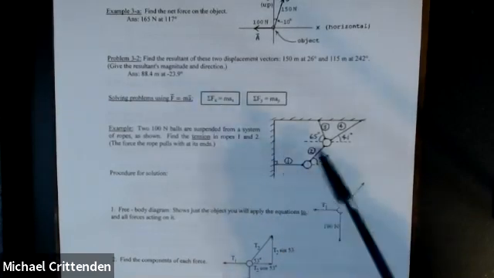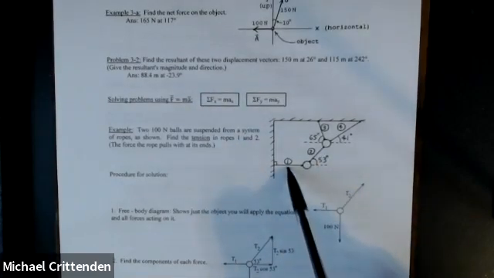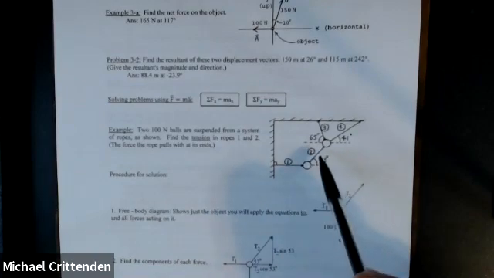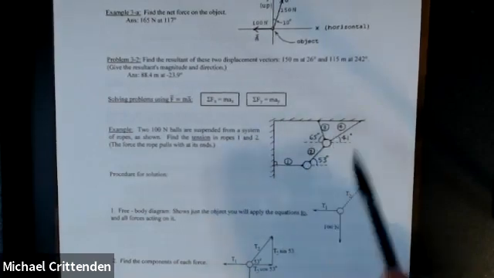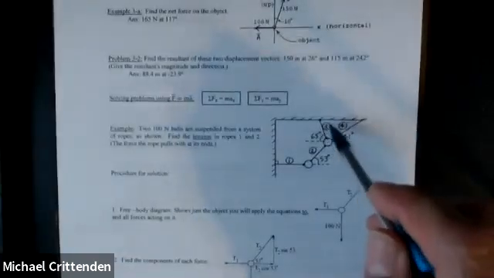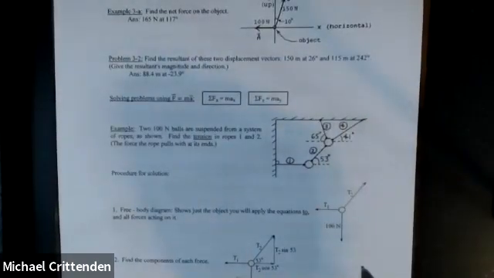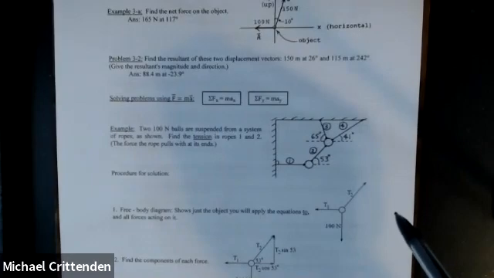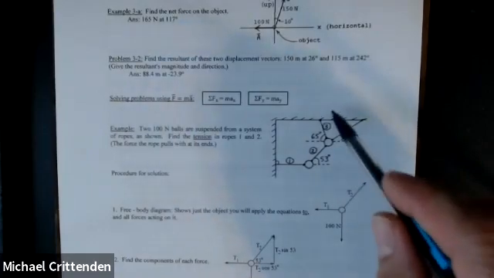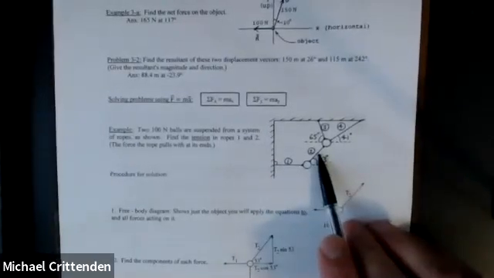Okay, so the question is to calculate the tension in rope number one and rope number two. If I wanted to make the problem twice as long, there is certainly enough information here to calculate 3 and 4 also. But, you know, the class is supposed to end after 3 hours, so we'll just leave that part out and just calculate these two here.